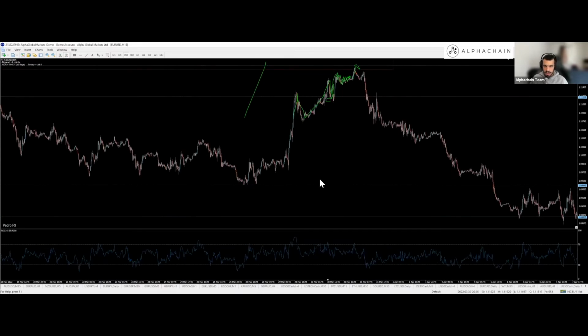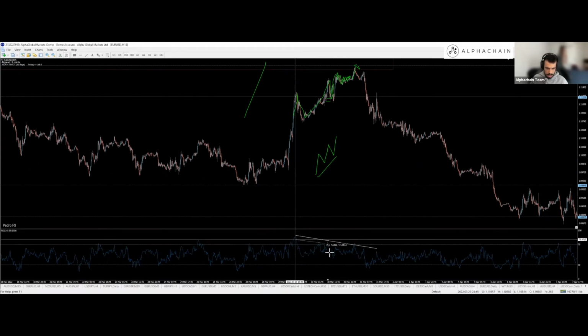Now, if any of you even likes to trade with the RSI, and that's why I actually put the RSI in here, you can see, as I mentioned a few times, a pattern that you will see happening close to the reversal is this hidden divergence between RSI and the price. So price is creating higher highs, and you can see on the RSI that it is creating lower highs instead, and maybe even creating lower lows in here.